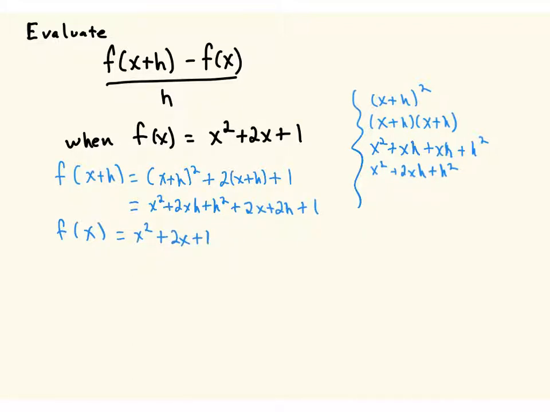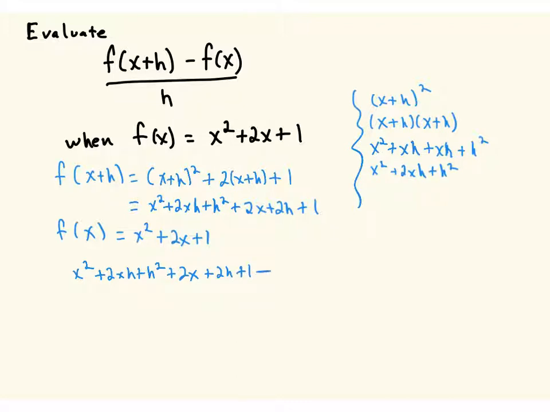So now we make our substitution. We have the f of x plus h, okay, which is this result. So we have x squared plus 2xh plus h squared plus 2x plus 2h plus 1.